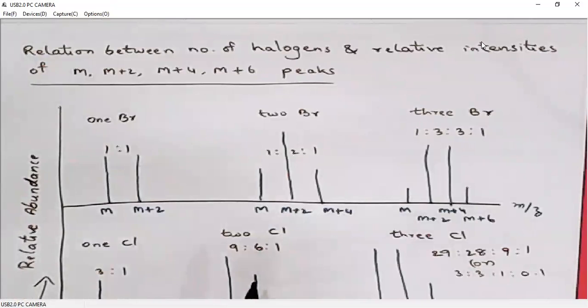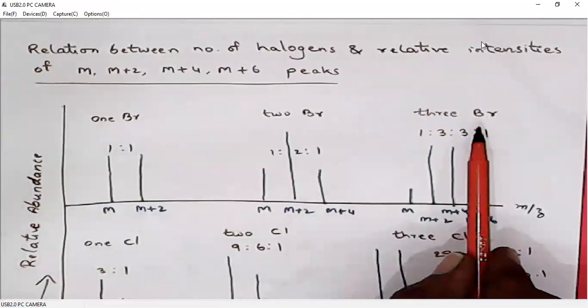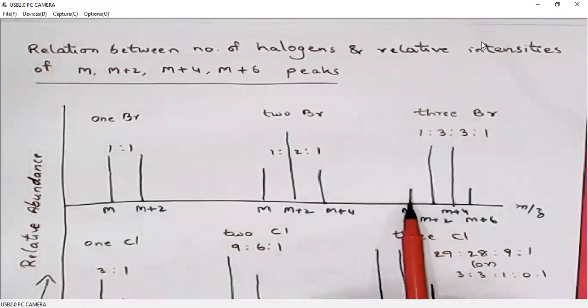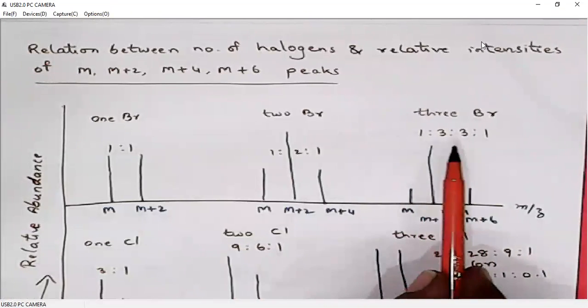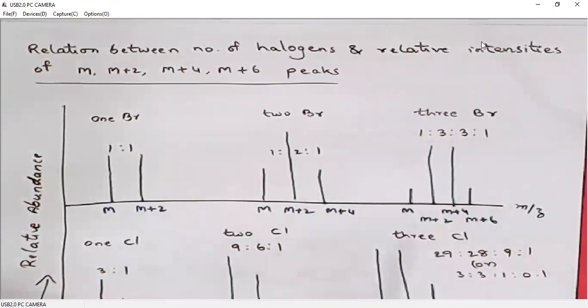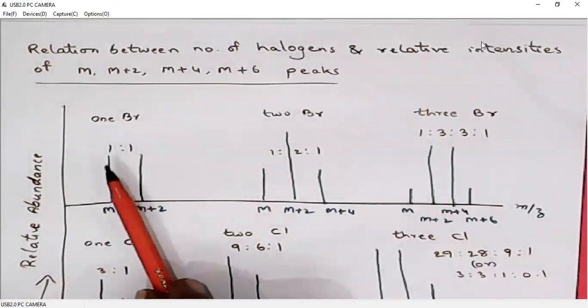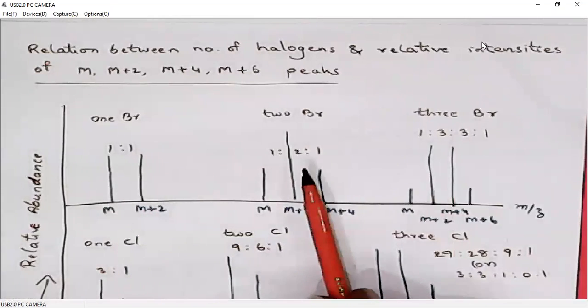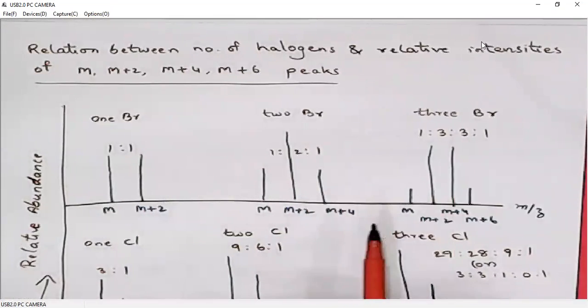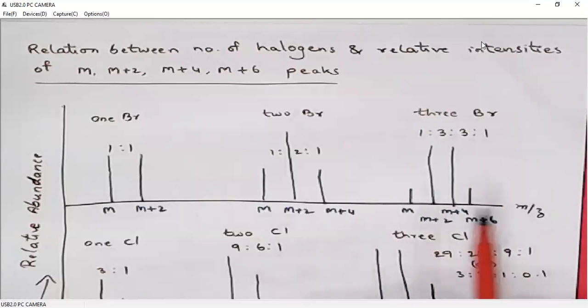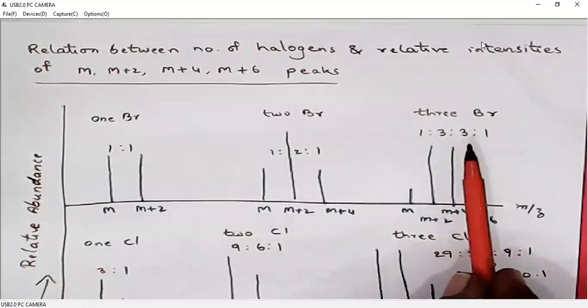If we have three bromine atoms, we will get four peaks, M, M plus 2, M plus 4, and M plus 6, with a ratio of 1:3:3:1. So one bromine: two peaks, 1:1. Two bromines: three peaks, 1:2:1. Three bromines: four peaks, 1:3:3:1.